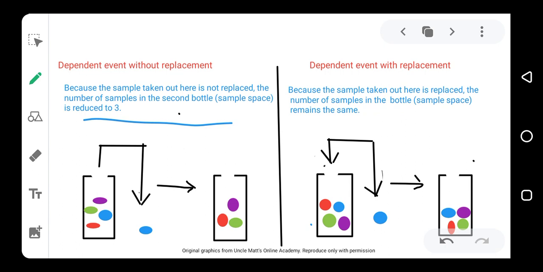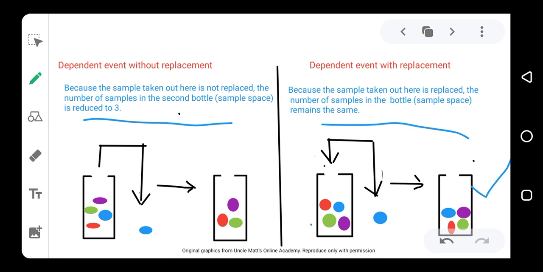Now, on this side, you pick a sample and you place it back. Maybe it is a coin, you pick it and you see that it is not the one you want. Then you put it back inside the bottle. When you put it back, the total number of samples in the bottle will remain the same. So that is why we have 4 samples in the first bottle and 4 samples in the second bottle.